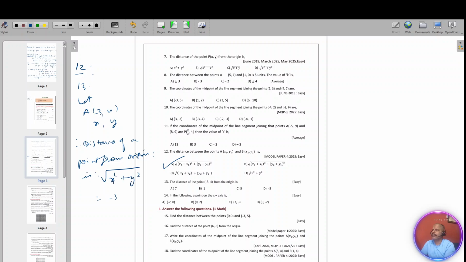We just substitute that: minus 3 whole square plus 4 square, that is 9 plus 16, that is 25, that is root 25 means 5. Okay, simple it is, 5 units. If it's not there, that's okay, but when we solve ourselves we have to write the units here. So 13th will be 5 units.